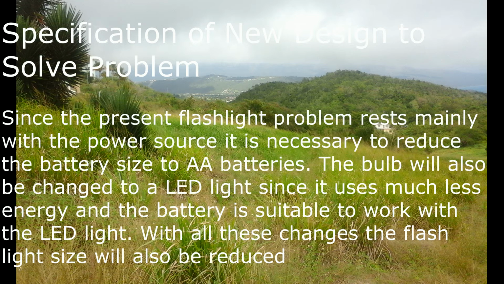The bulb also will be changed to an LED light since it uses much less energy and the battery is suitable to work with this type of bulb. With all these changes, the flashlight size will also be reduced. So you are looking at all of the changes that you'll be making to the flashlight to make it more suitable and solve the problems that you had highlighted initially.